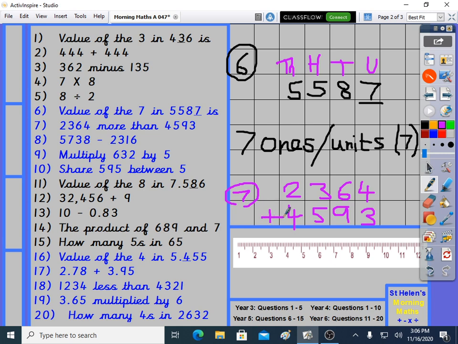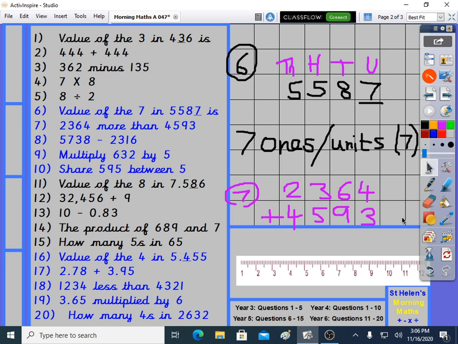I haven't got the biggest number on the top, but that doesn't matter in plus because it can be done either way, can't it? So we can do it still. 4 plus 3 is 7. 6 plus 9 is 15. 3 plus 5 is 8, plus 1 is 9. 2 plus 4 is 6. 6,957 we get.